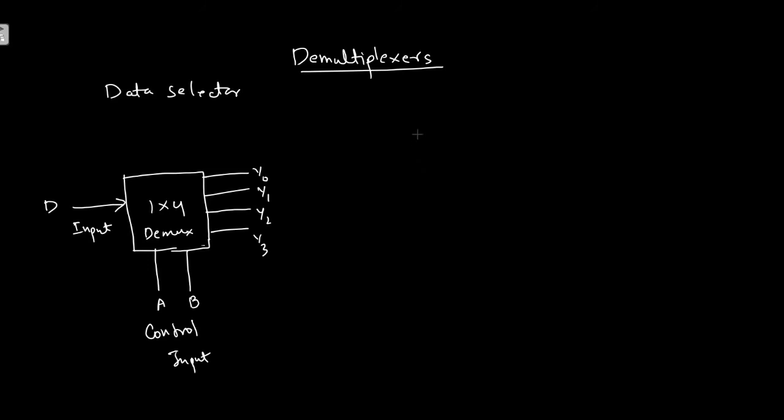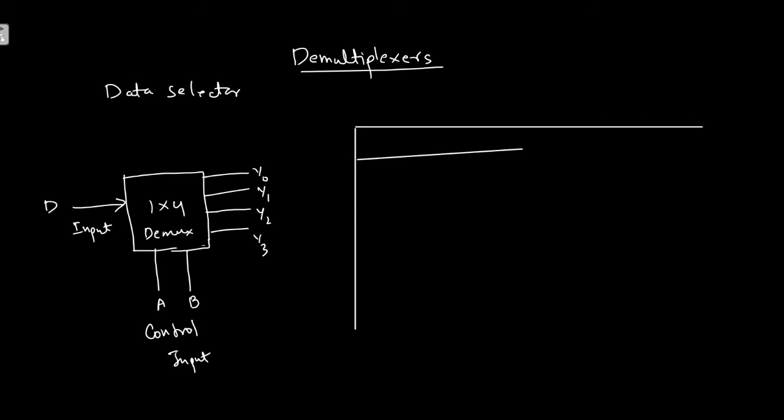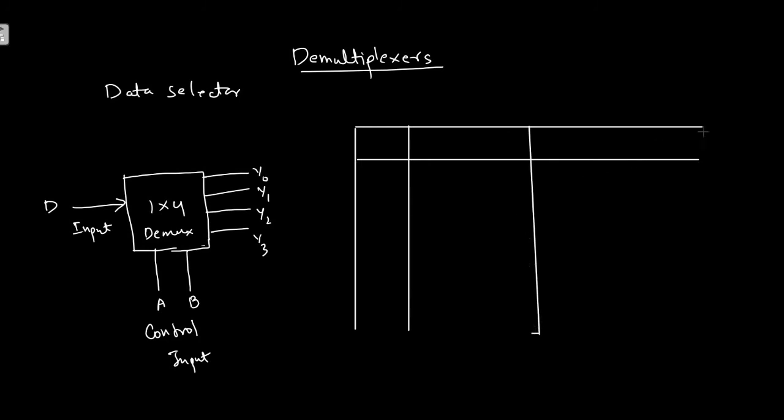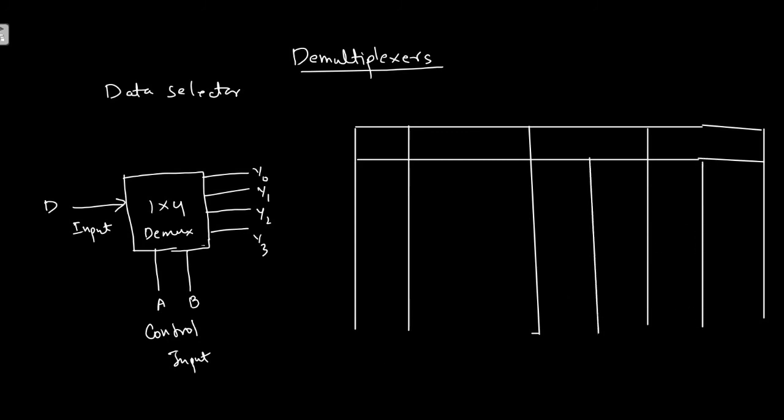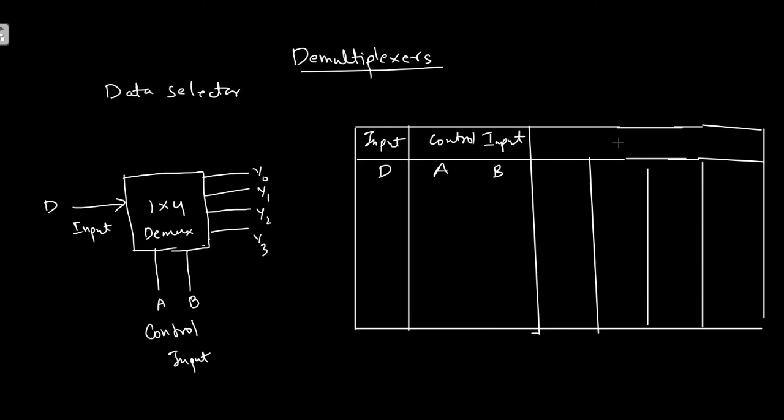So we draw a truth table. We have input D, control inputs A and B, and outputs y0, y1, y2, y3.